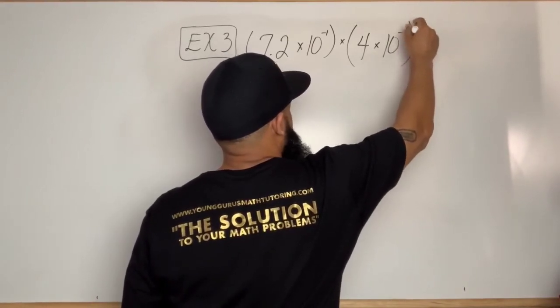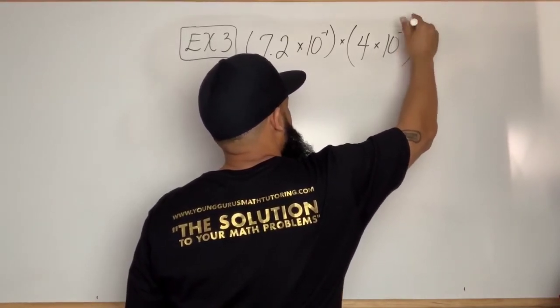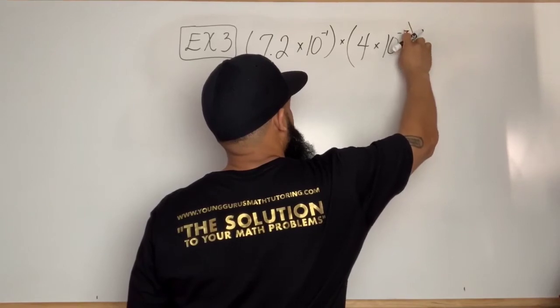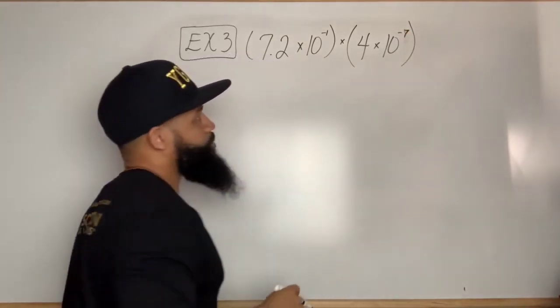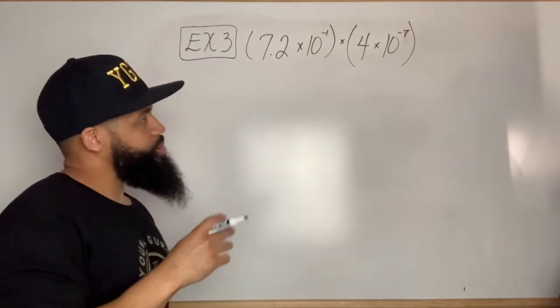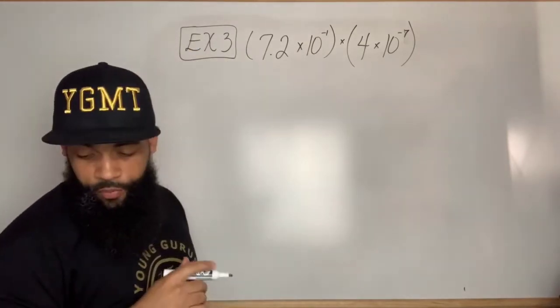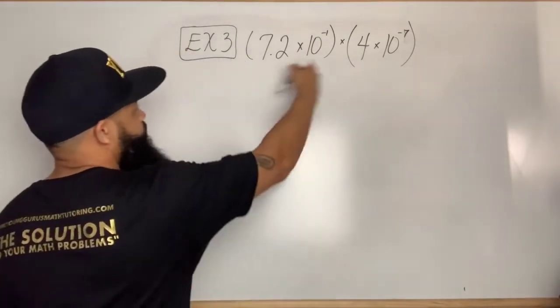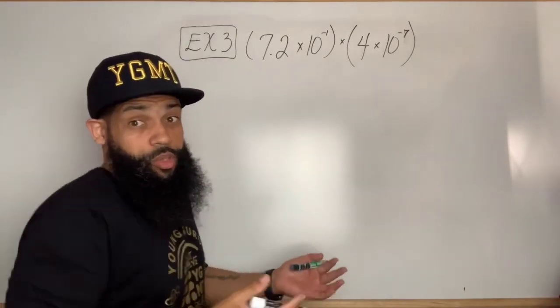That is a 7. It's an ugly one, but it is a 7. All right, let's clean it up. So 7.2 times 10 to the negative 1 times 4 times 10 to the negative 7. We're going to do the same thing, just use the commutative property.